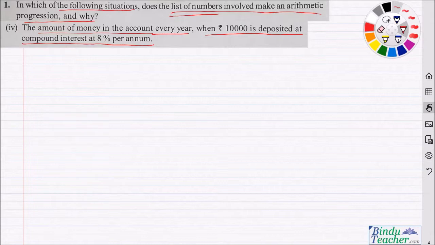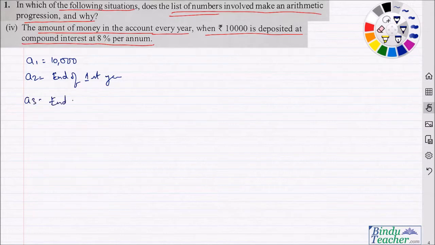Okay, so if I have to write it down, we can write it down as A1 will be the amount at the beginning of the year, let's say, right? A2 will be the amount at the end of the first year. A3 will be the amount by the end of the second year, and so on. So how do we calculate this?